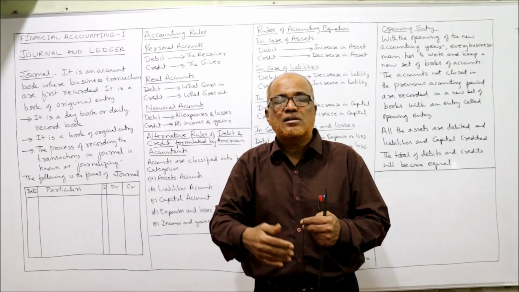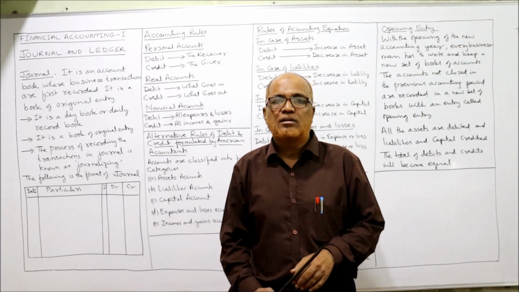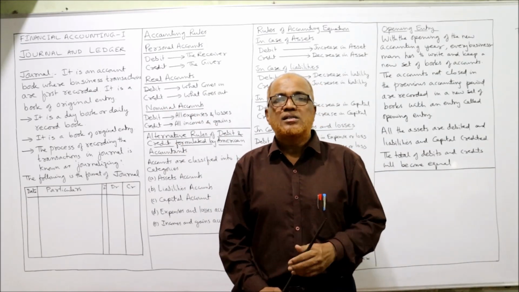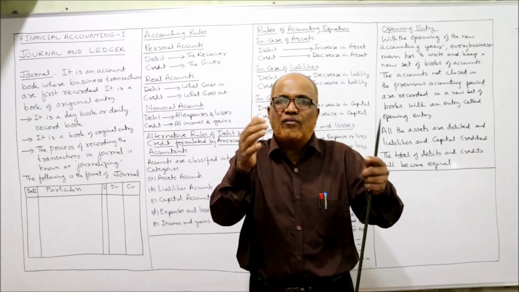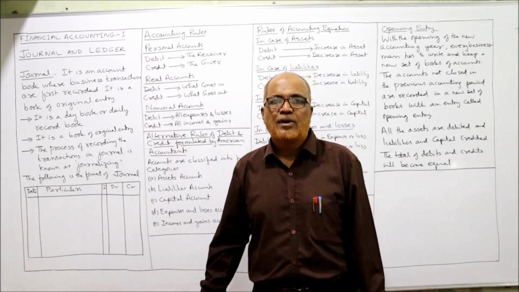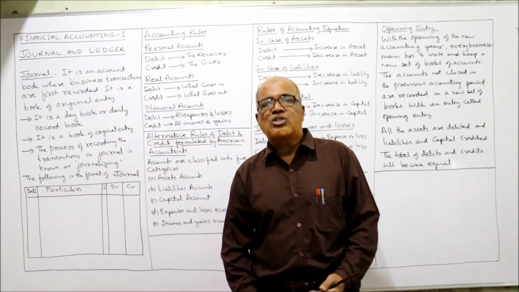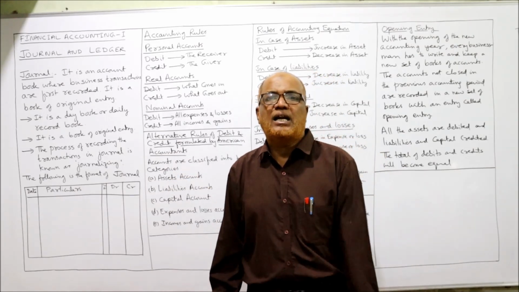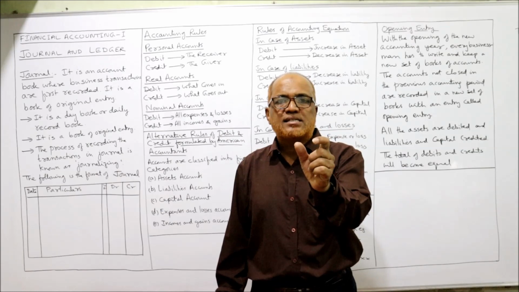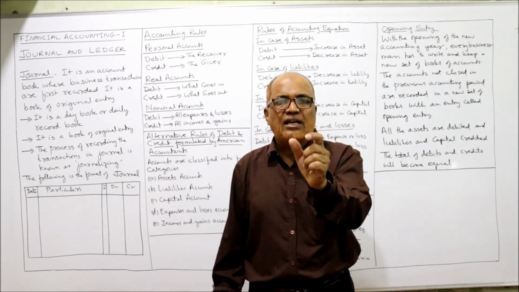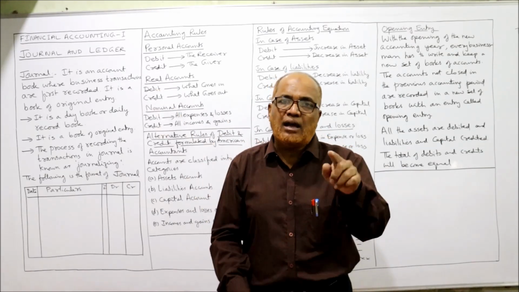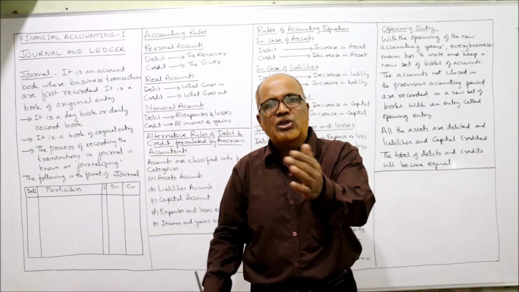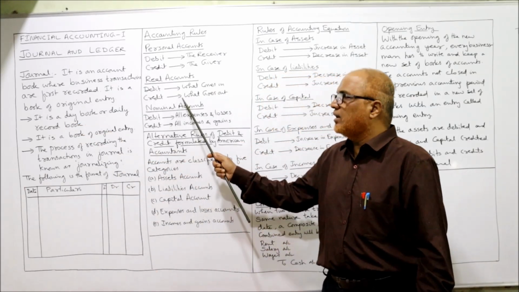The machinery comes in, machinery is debited. Similarly, if old furniture is there and we have sold it off, furniture is going out. The furniture account is credited. That means in assets and properties, we see if it is coming in, debit. If it is going out, credit. That is the rule in real account.